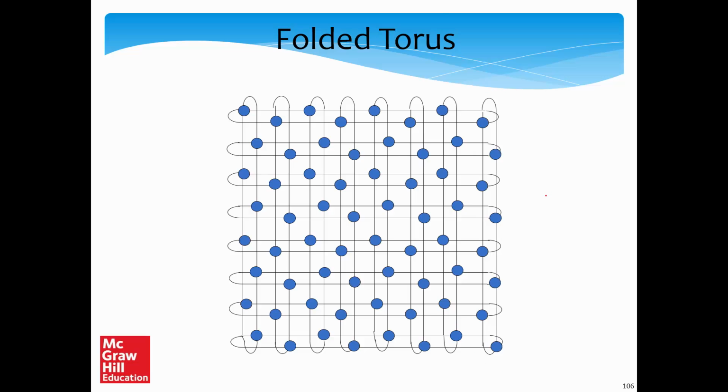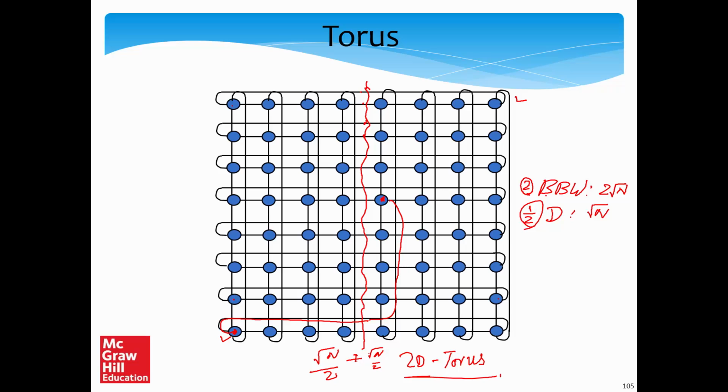So let's go back to this torus thing once again. If you see, there is a certain imbalance in the torus. The imbalance is that these links are short, and this link from one end to the other is actually very long, right? It's just not long, it's very long. It's root n times longer.